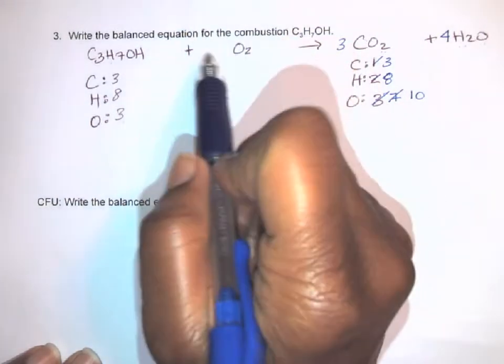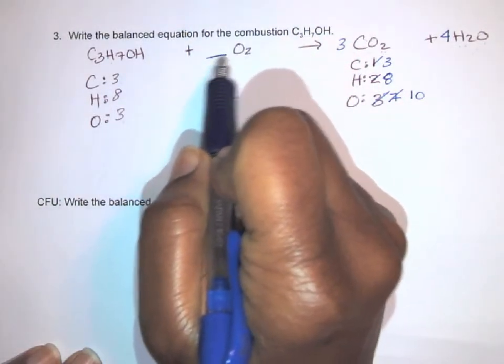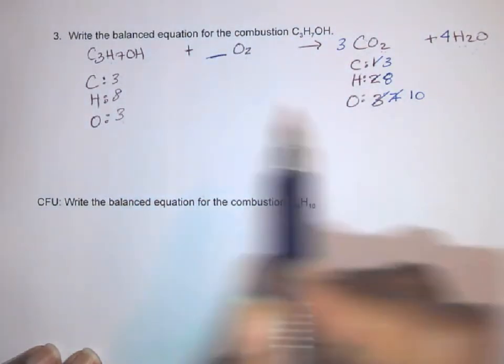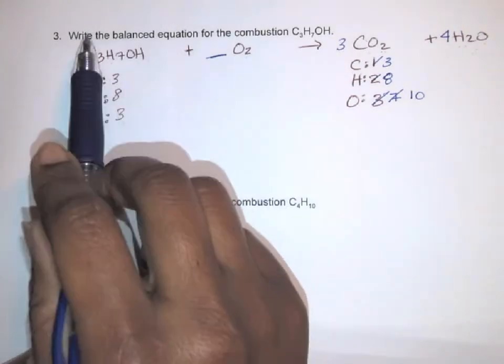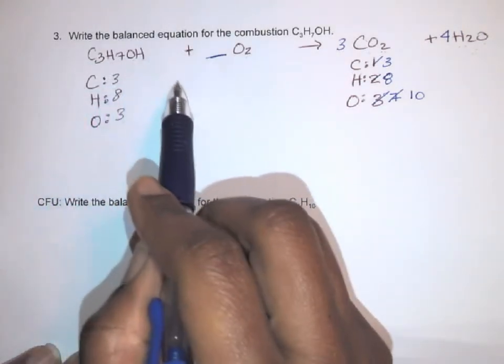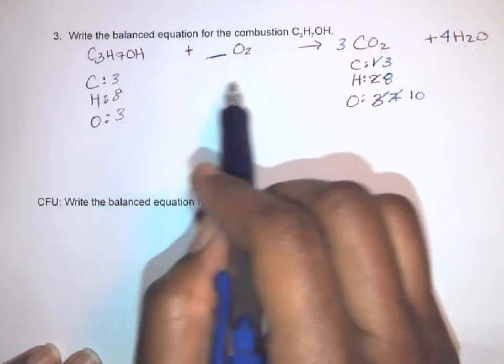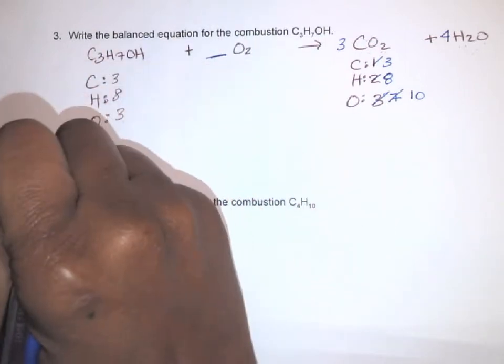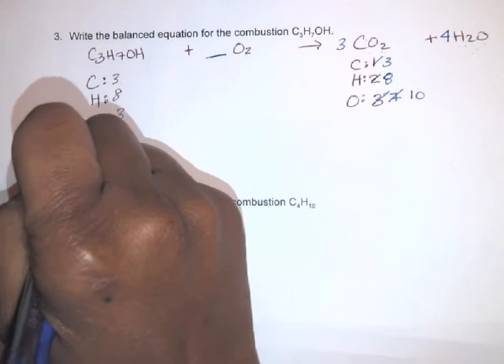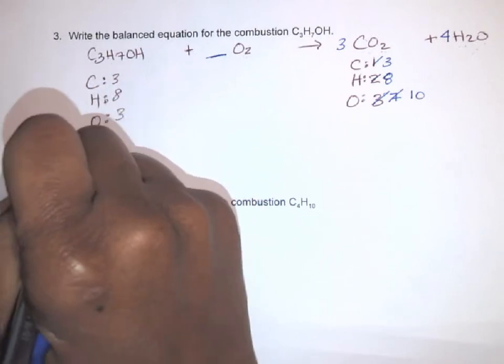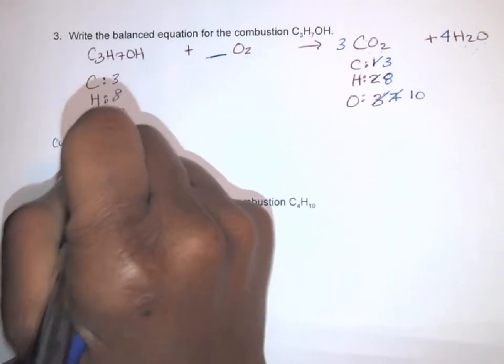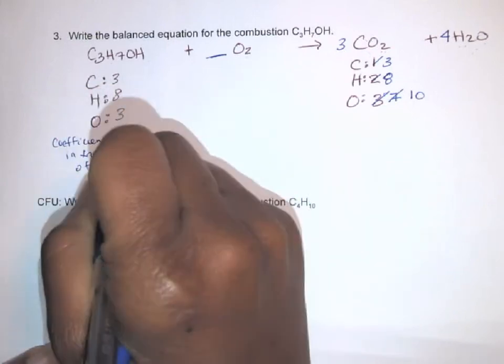Typically I just change the coefficient in front of O2, but I already have 1 from the C3H7OH. If I want to get to 10 on this side, I only need 9 to come from the O2.